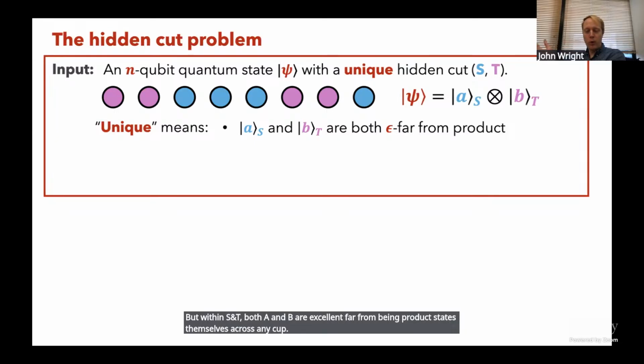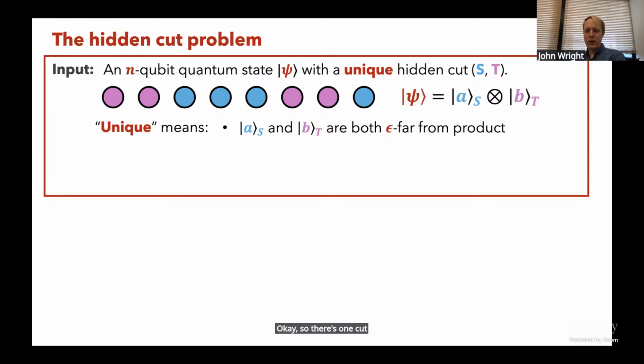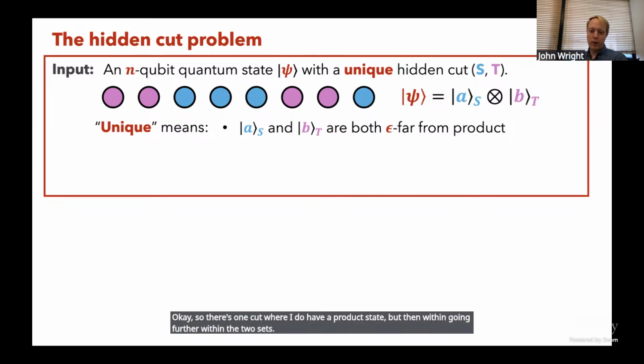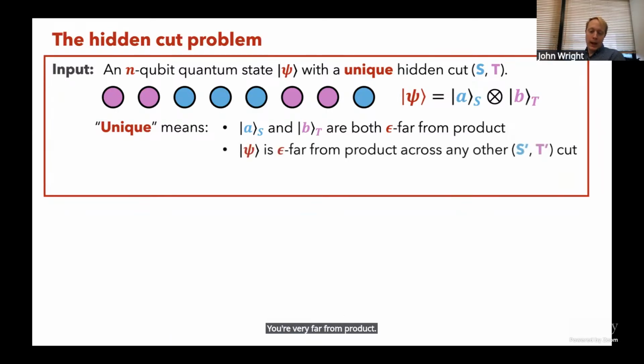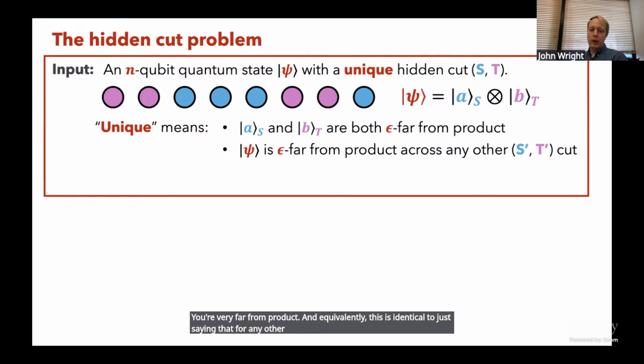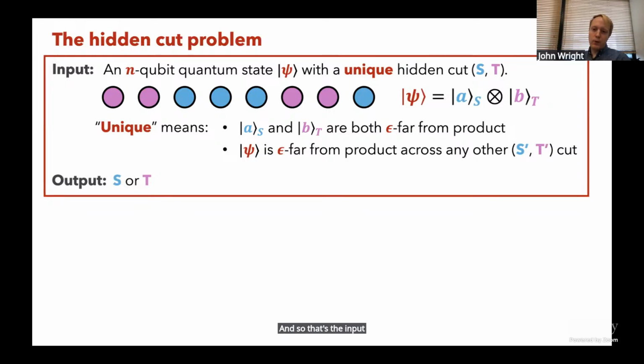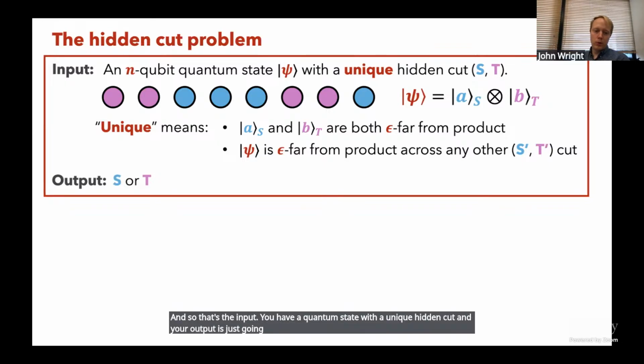So there's one cut where I do have a product state, but then going further within the two sets, you're very far from product. Equivalently, this is identical to saying that for any other S prime T prime cut, which is different than ST, psi is epsilon far from product across that cut. And so that's the input. You have a quantum state with a unique hidden cut, and your output is just going to be the subsets S or T.